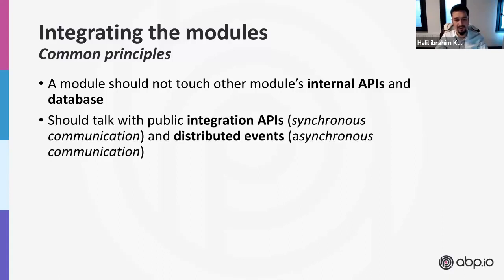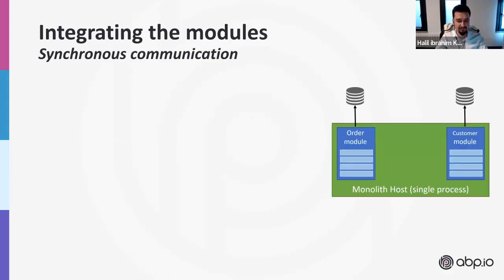They should talk through specifically designed public integration APIs if you need synchronous communication. Or, if you can implement your logic with asynchronous communication, which is the default approach for a distributed system, you can use distributed events.